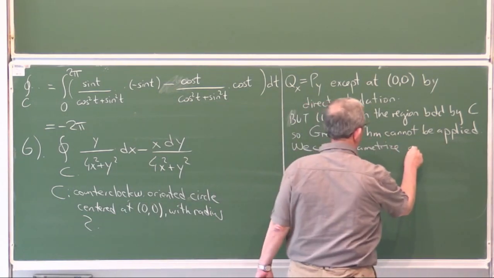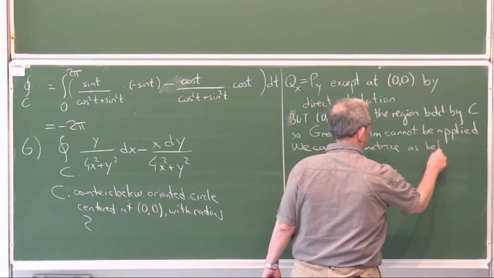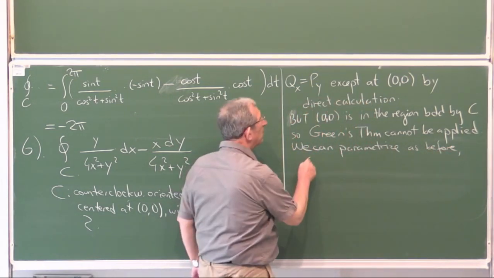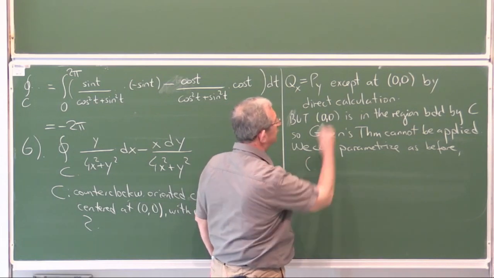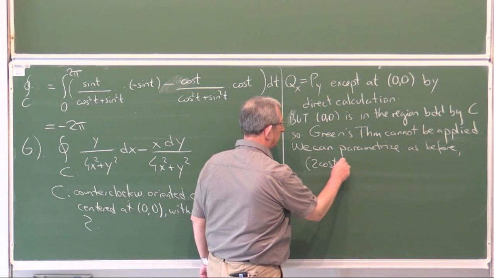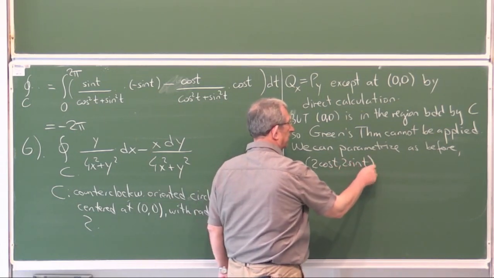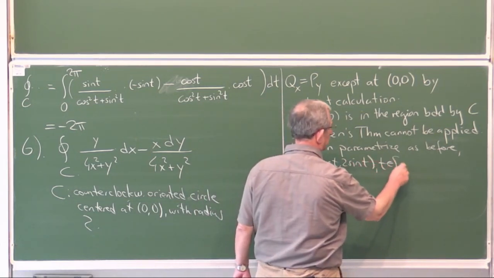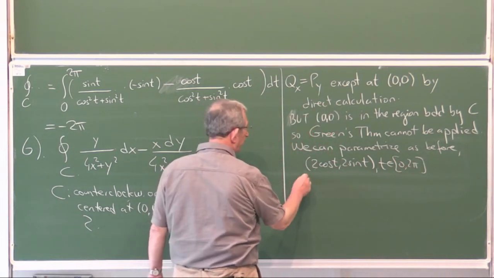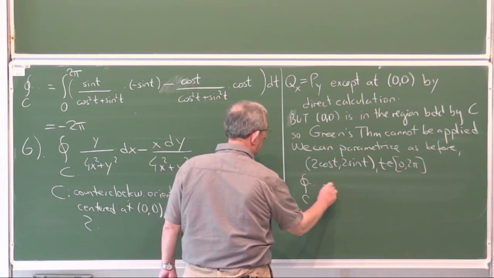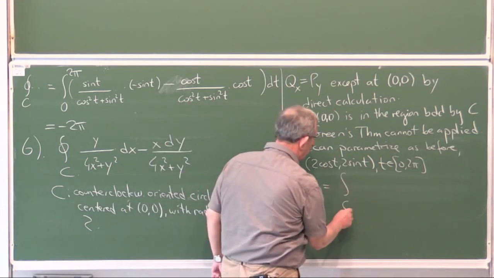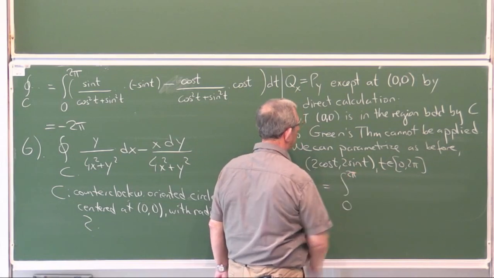As before, namely polar parameterization, but the radius is 2, so we have 2 cosine t, 2 sine t, and t is from 0 to 2 pi. Now, if we evaluate our integral using this parameterization, we come across the following.